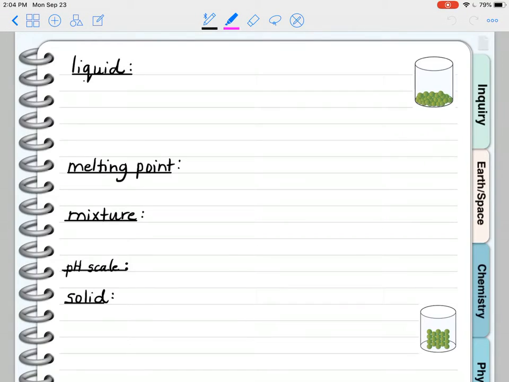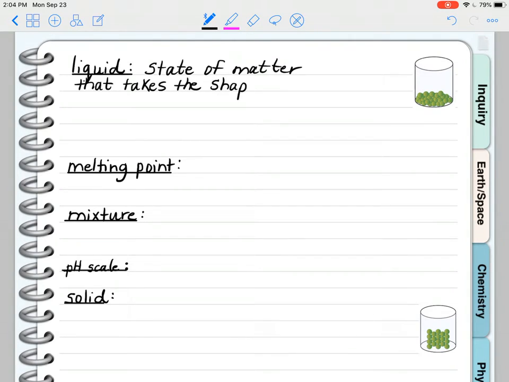It's actually page 39, and we are looking at the definition of a liquid. A liquid is a state of matter that takes the shape but not the volume of its container.